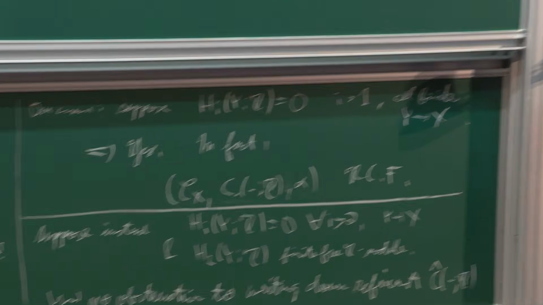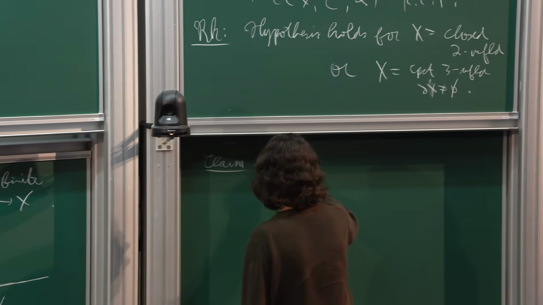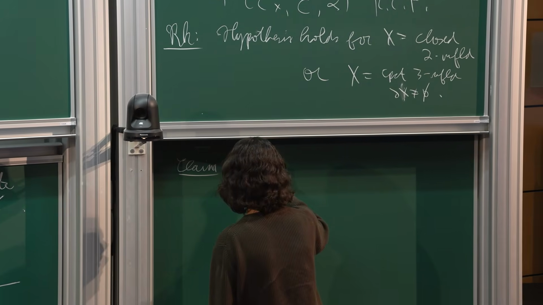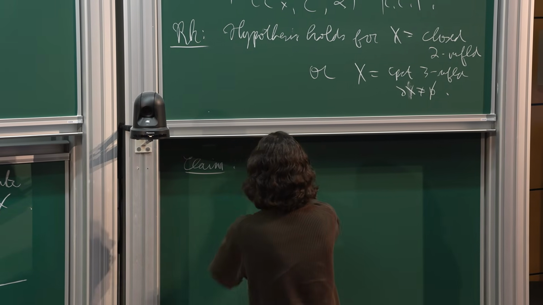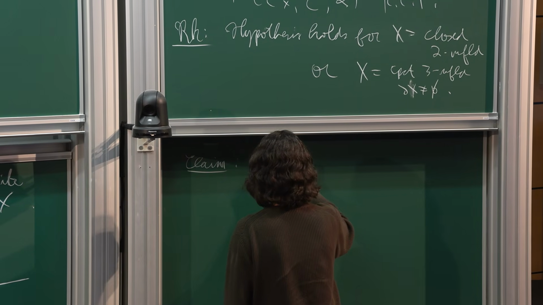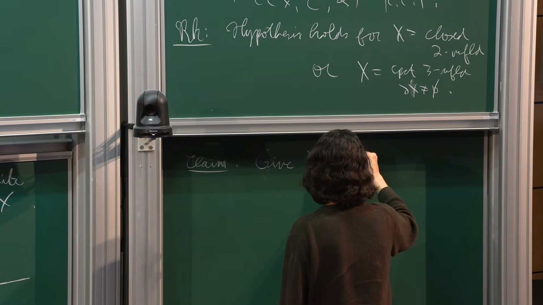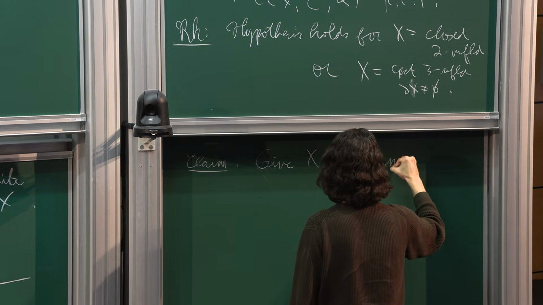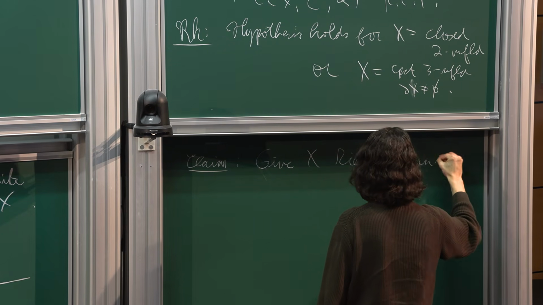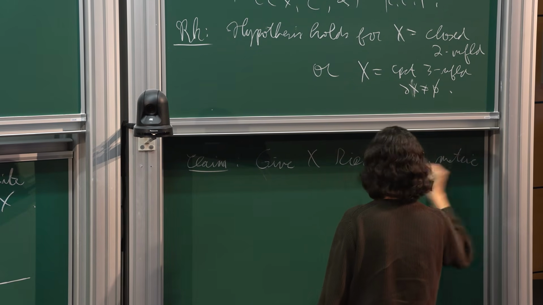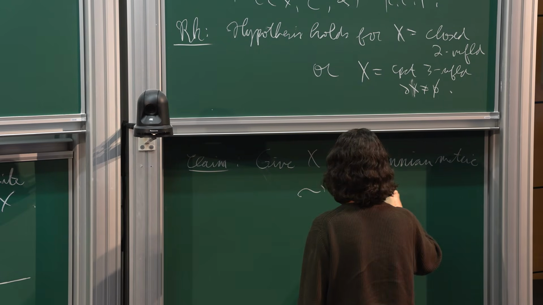Right. So I claim that if you give X a Riemannian metric, then you get a canonical one.